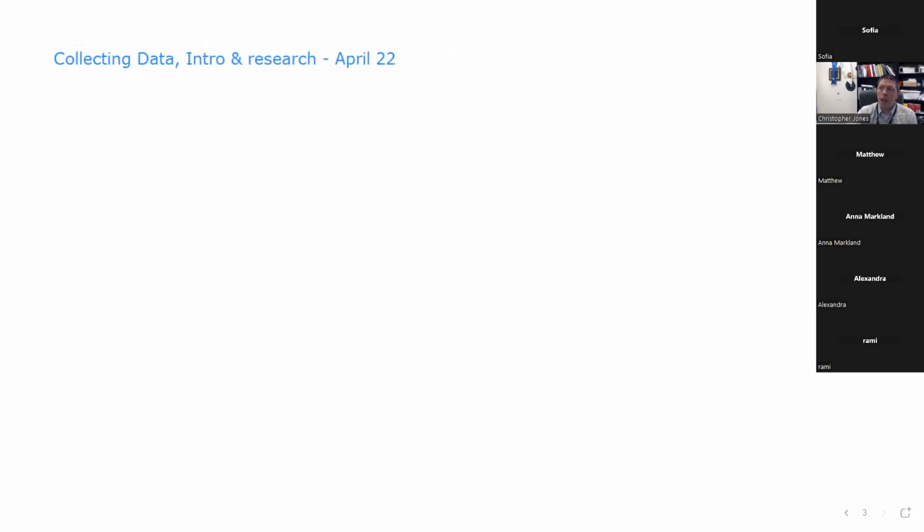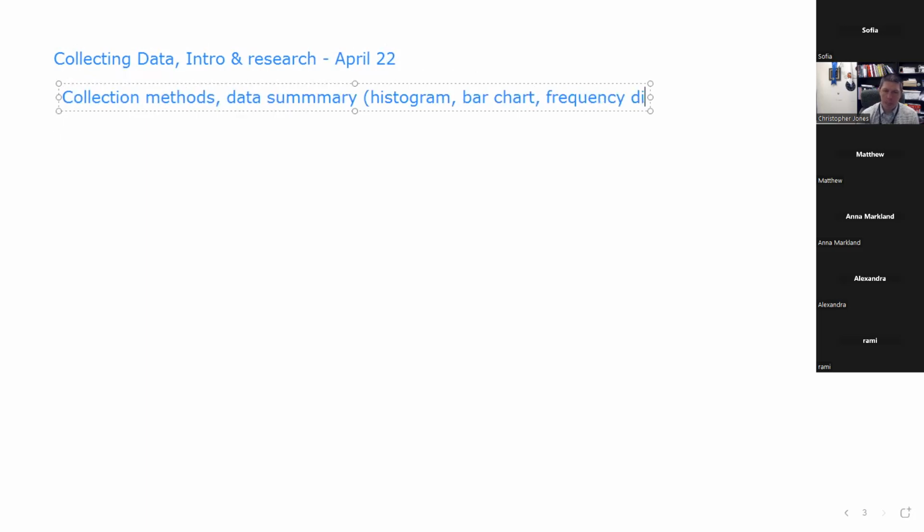Now, next week is where you want to do something with the data. That's where you're going to talk about your collection methods, and then summarize the data. What I mean by data summary is that you've put all your data into a histogram, a bar chart, or a frequency distribution, that sort of stuff.